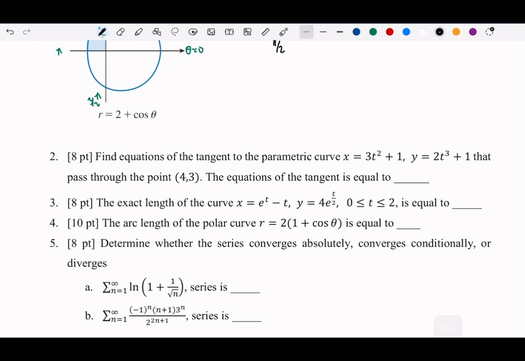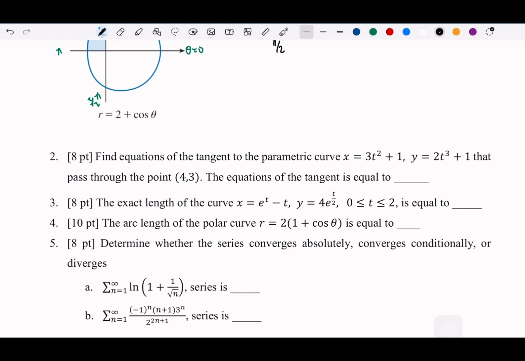So first you need to understand what is the arc length. So arc length means if we have the polar curve, suppose the polar is something like this, which I didn't give you the picture. So for this question only, I expect you know how to draw. Okay. So remember, if we take the formula 2 plus 2 cosine theta, right?